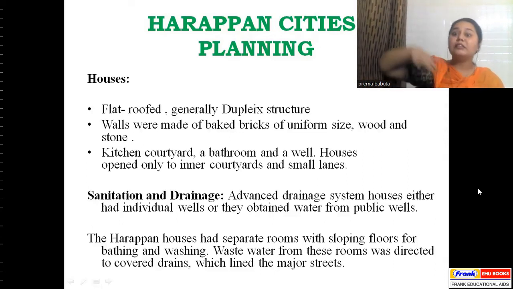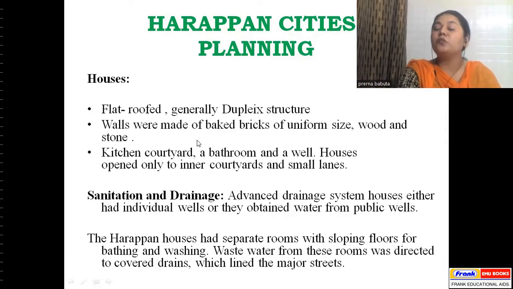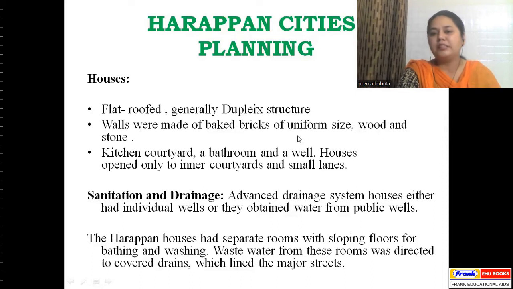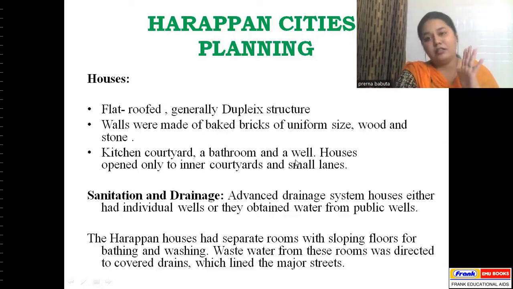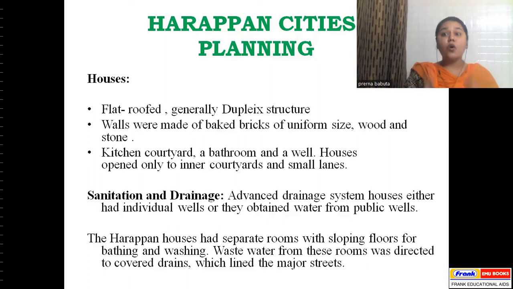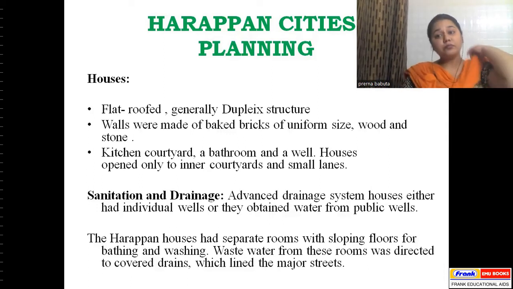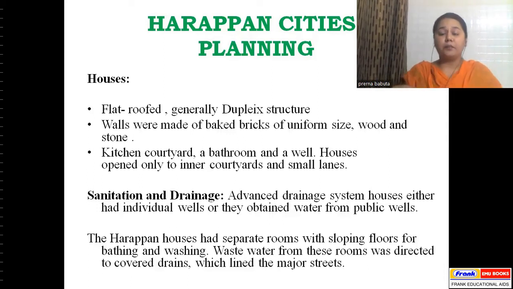So probably they built big houses. And these walls were made from baked bricks of uniform size, wood and stone. And then there was a kitchen, a courtyard, a washroom, and a well also. So you see all these provisions, talking again about the beauty of the Harappan civilization.